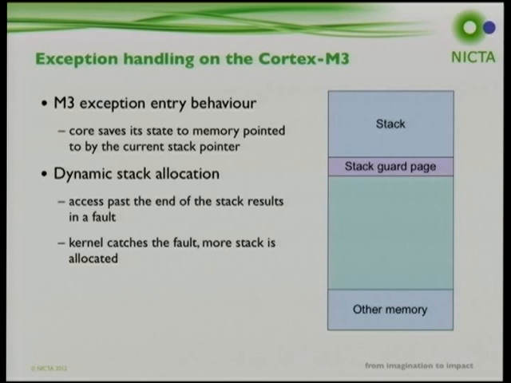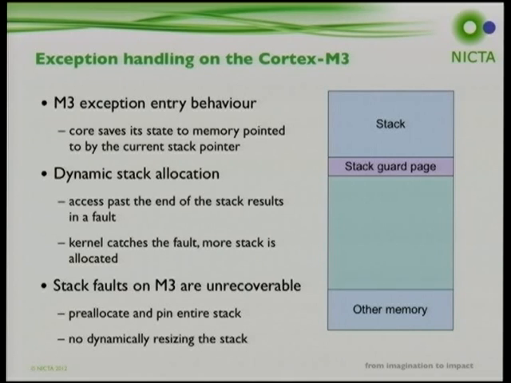However, on the M3, when it faults on this page at the end of the stack, it tries to save its exception CPU state to the stack pointer, which is invalid because you're past the end of the stack. That raises another exception, and you lose the state of the CPU, so you can't resume the user process. That means stack faults are unrecoverable on the M3. To get around this, we had to pre-allocate and pin the entire stack, which is kind of painful, but it works.